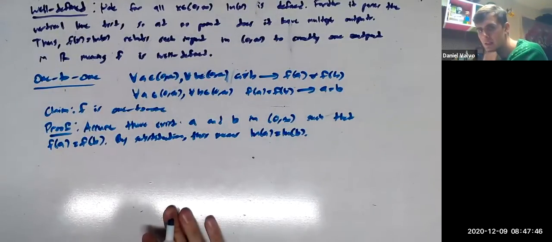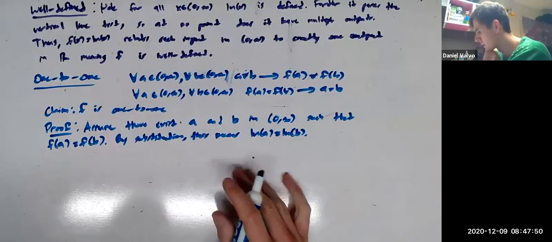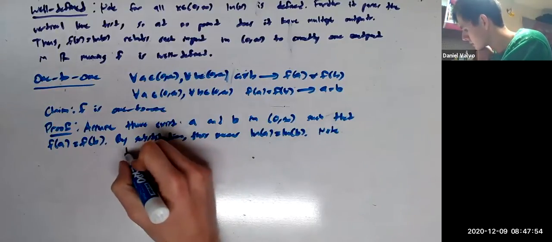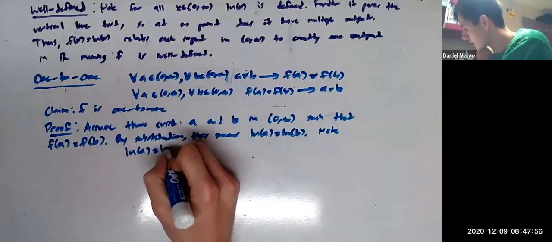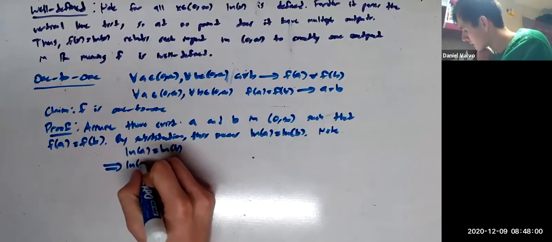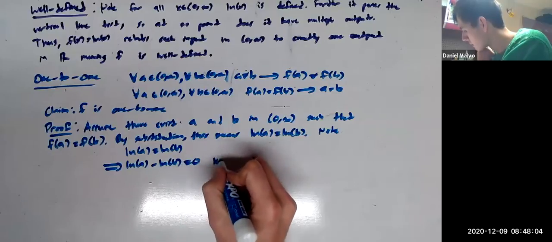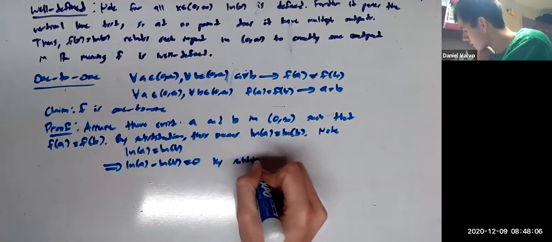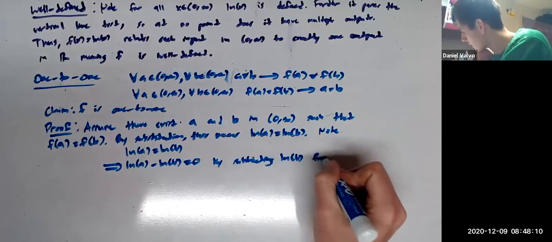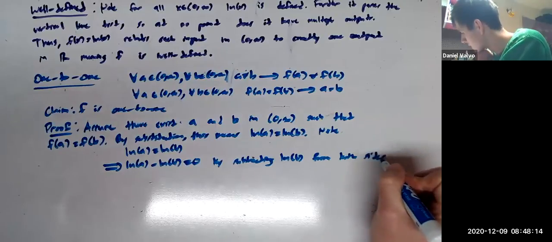But, okay, actually, let's work with this. So I'll say note: ln of A equals ln of B. This implies ln of A minus ln of B equals 0 by subtracting ln of B from both sides.